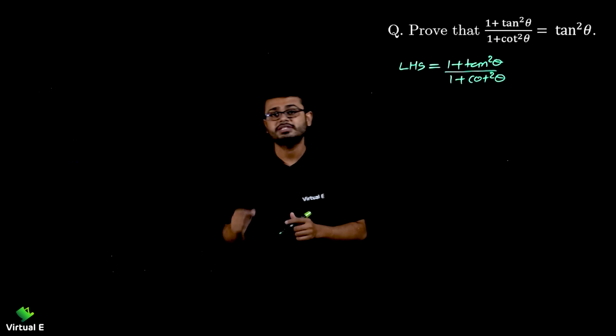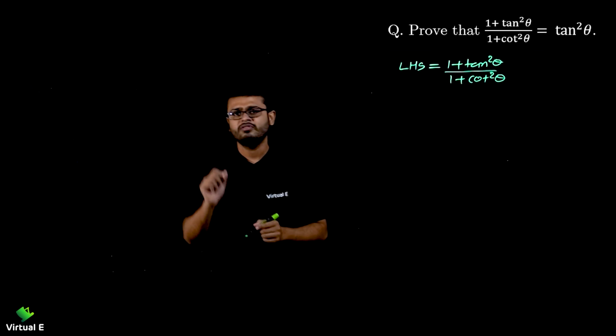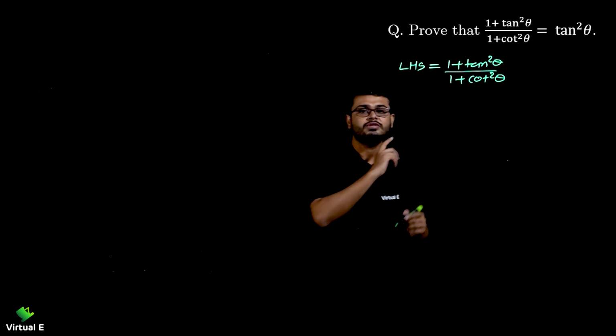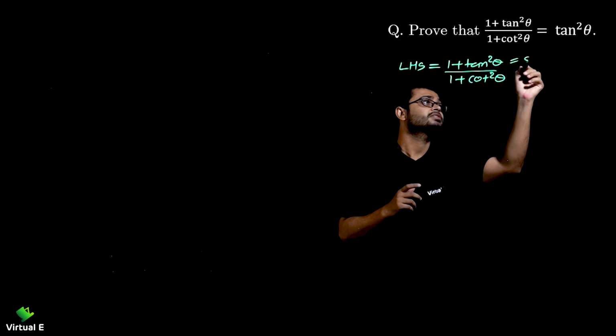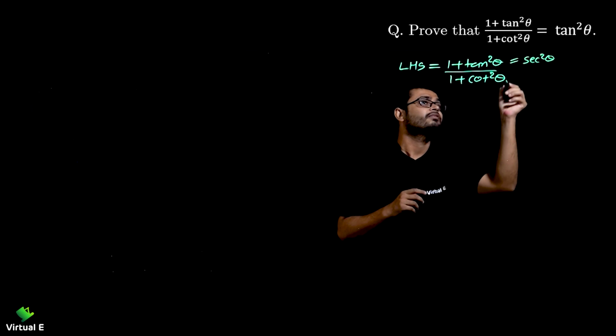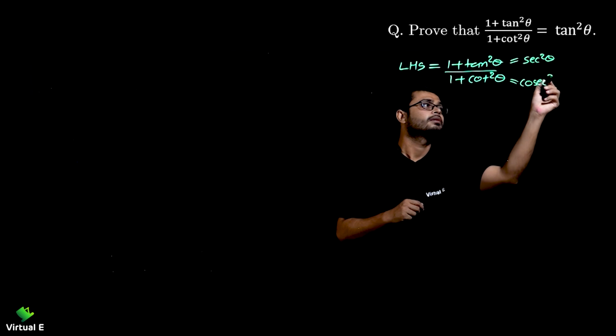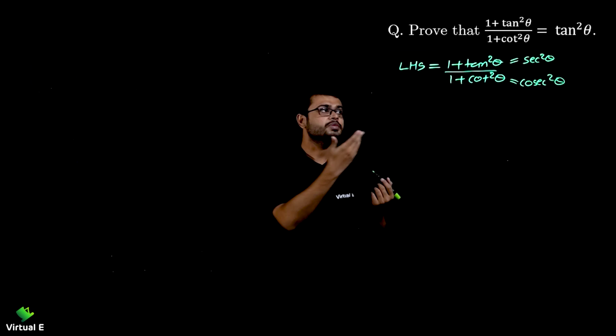Whenever a square is there, try to use the identity. It will be very helpful. Now we know that 1 plus tan square theta is equal to what? Sec square theta. Simple identity. And we know 1 plus cot square theta is equal to what? Cosec square theta. Done. So we are going to substitute this.